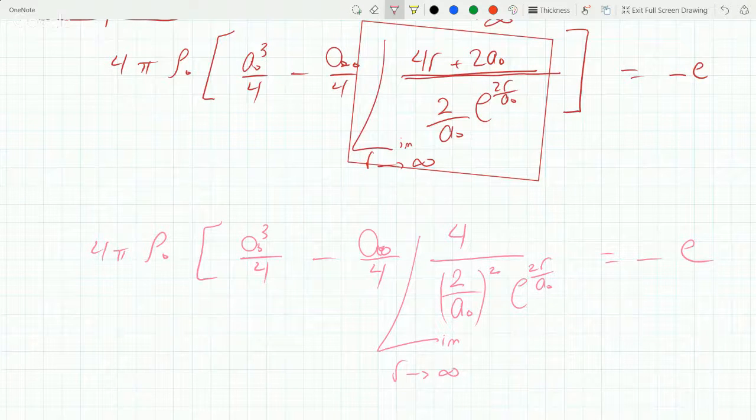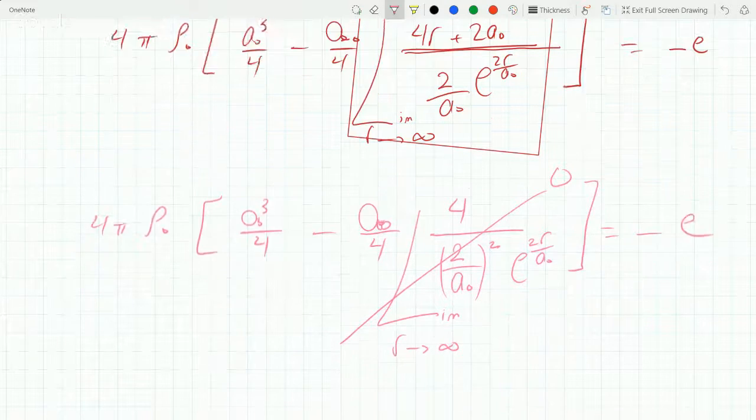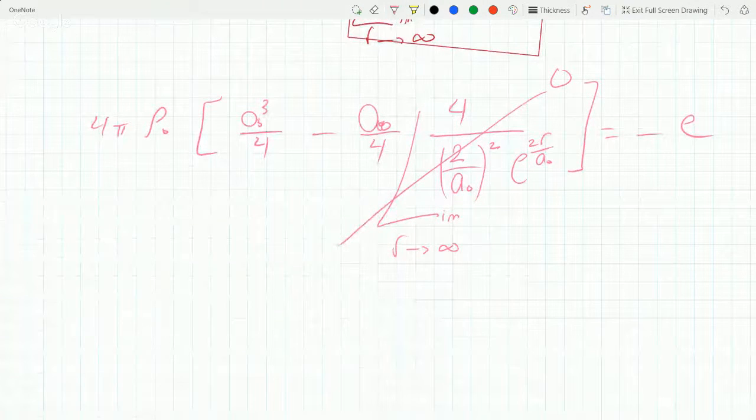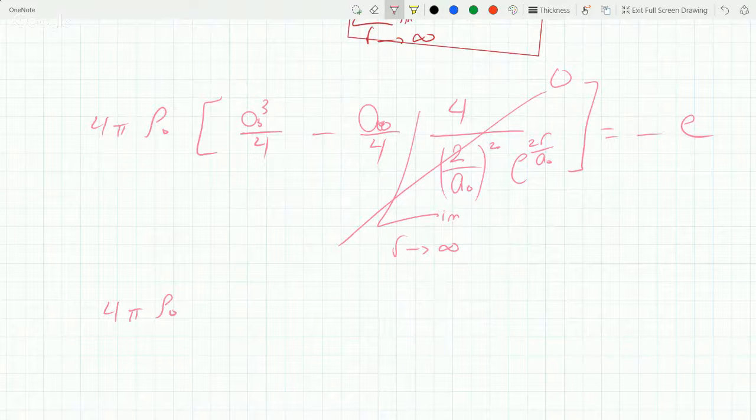So we get 4 over infinity, and this whole term goes to 0 as expected, and what we have left is 4 pi rho 0 a0 cube over 4. Cross out this 4 with this 4, equals minus e.